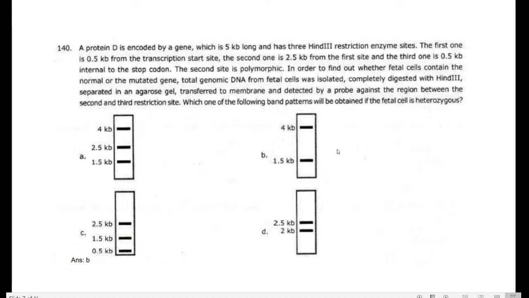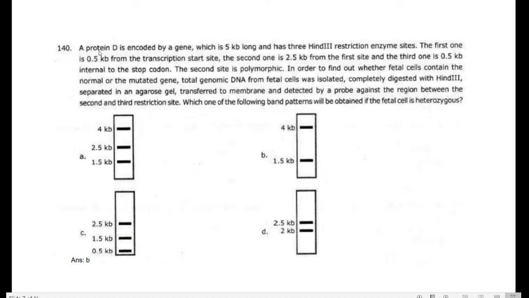After the digestion, they will get this B band. Why do they get 3 bands? The explanation is that in the first step of the experiment, 0.5 is the first restriction site. There the digestion happens, but the probe is not able to recognize that first region, 0.5.